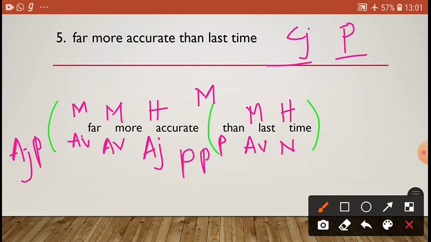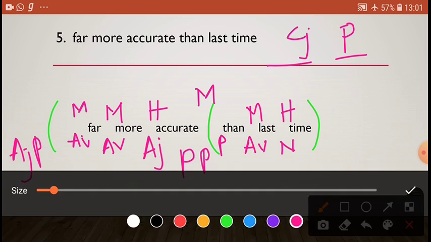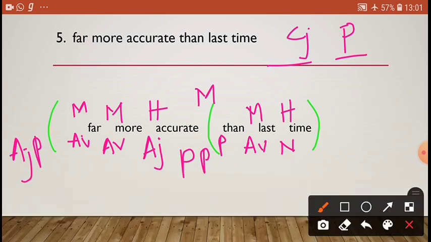Now we will close the bracket of this main phrase which starts from far. So, this is the phrase analysis of far more accurate than last time.